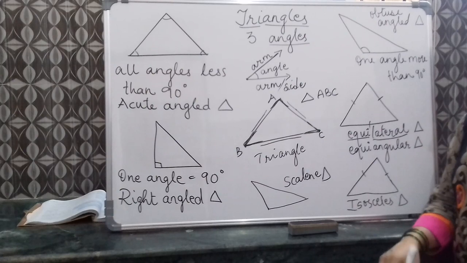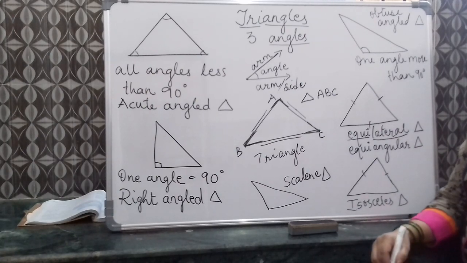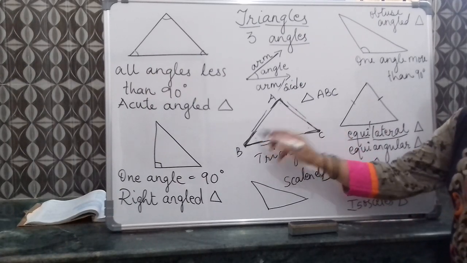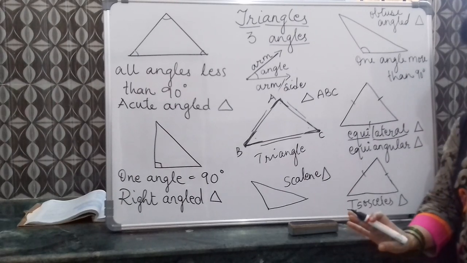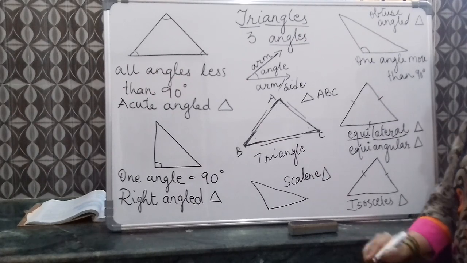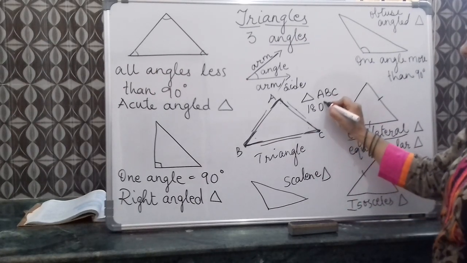And the next important part about a triangle is that all the three angles, whatever may be their measurement, together will make up 180 degrees.